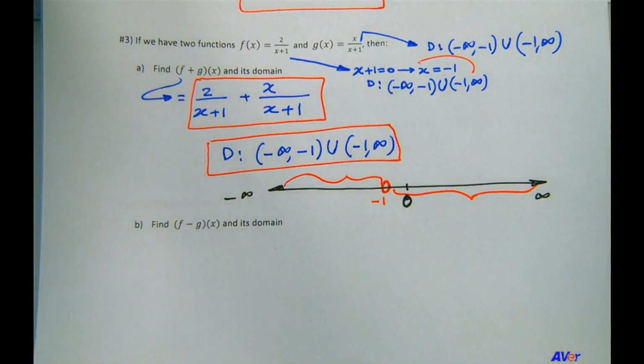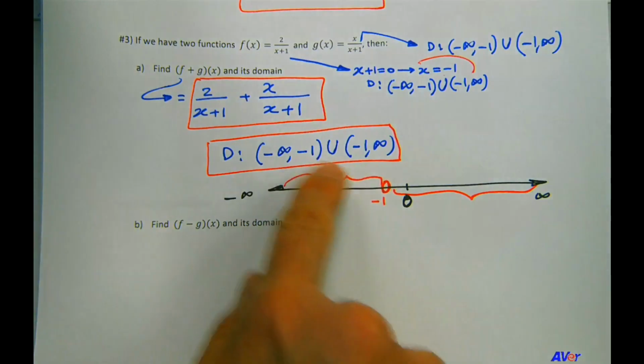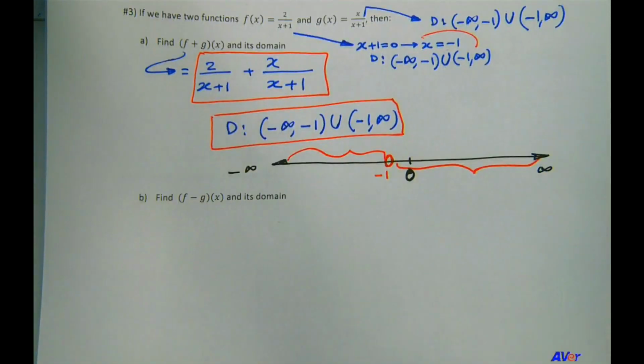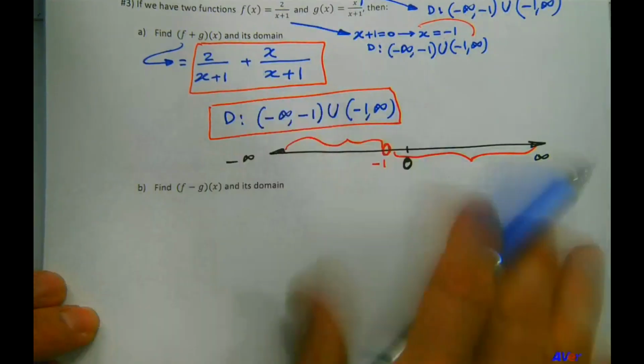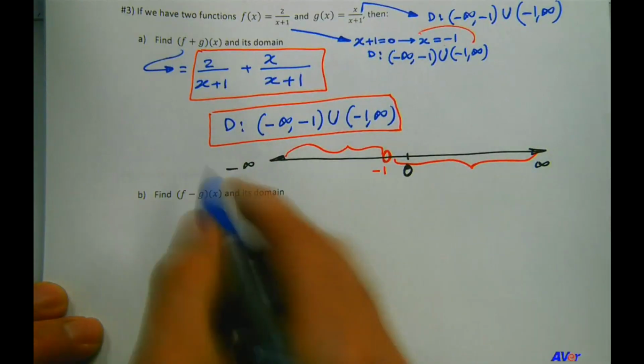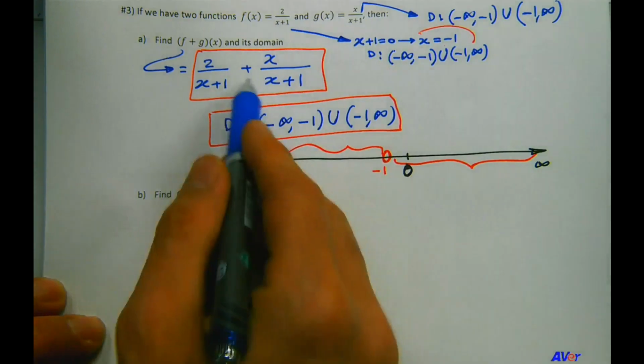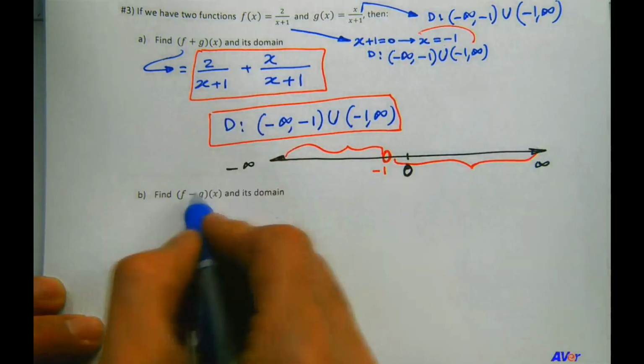So we're just excluding negative 1, that is being indicated by the parenthesis next to negative 1. Okay? All right, so subtracting those, it makes no difference in the domain, right? It makes a difference in the combined function, but not its domain.